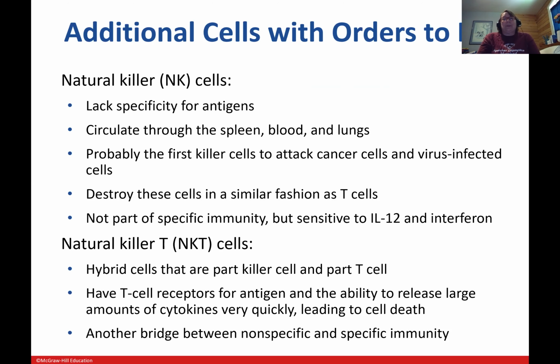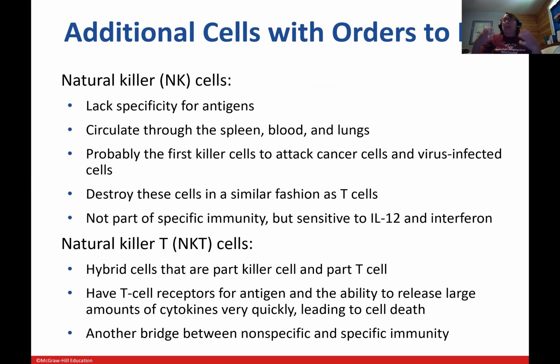And then there are natural killer T cells, not to be confused with just natural killer cells. These are natural killer-like T cells, but they are T cells, okay? So they have T cell receptors, and they have the ability to release enormous amounts of cytokines very quickly.